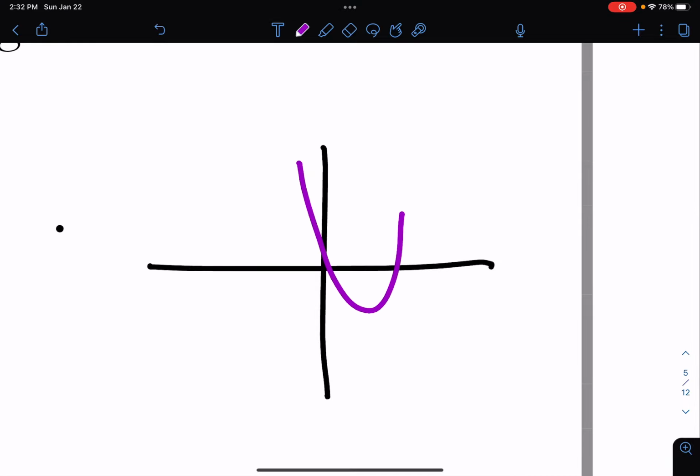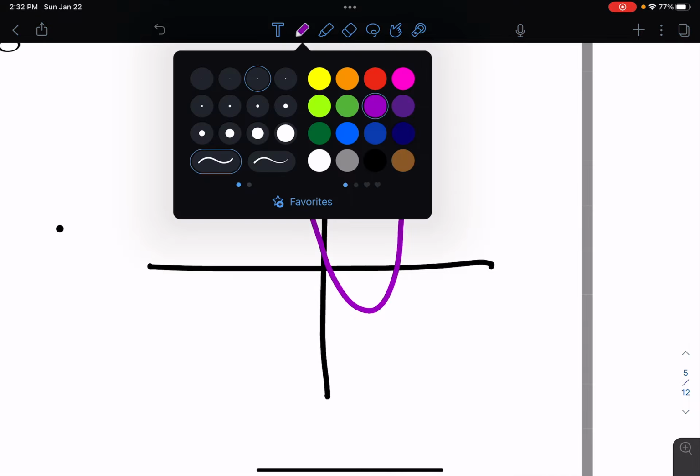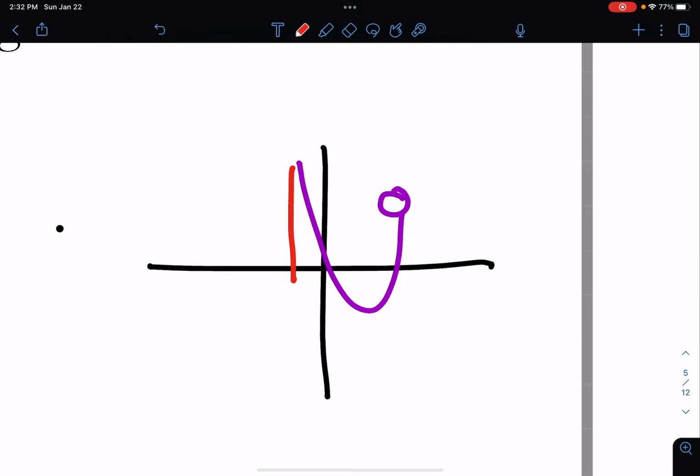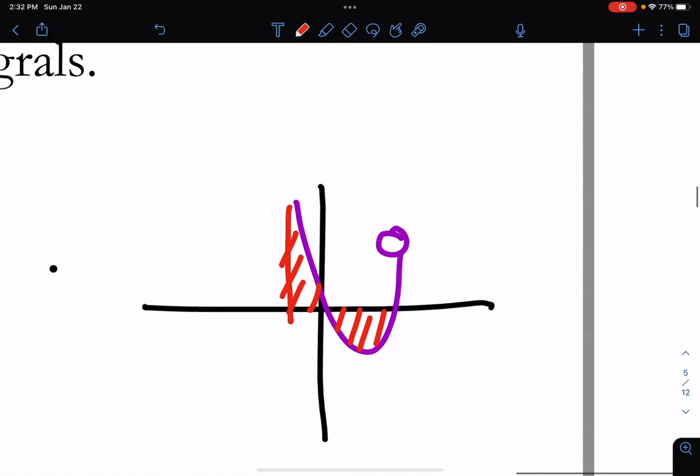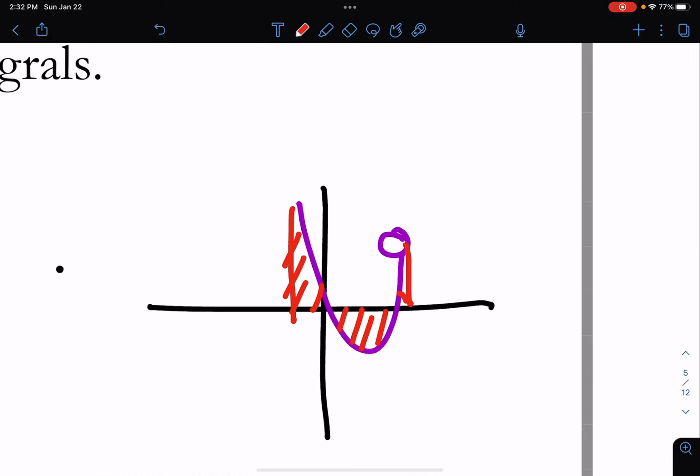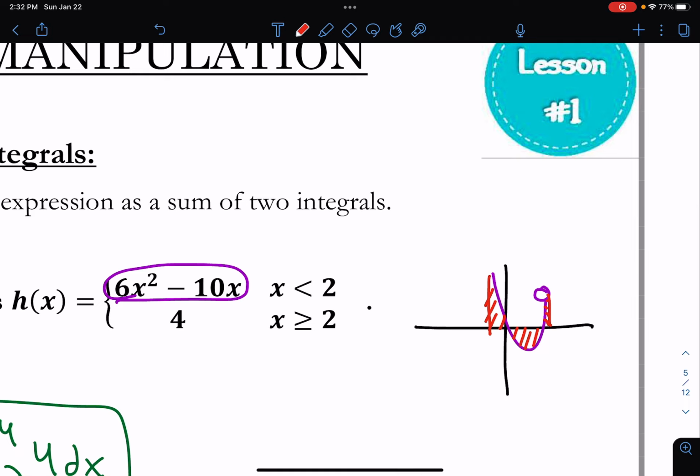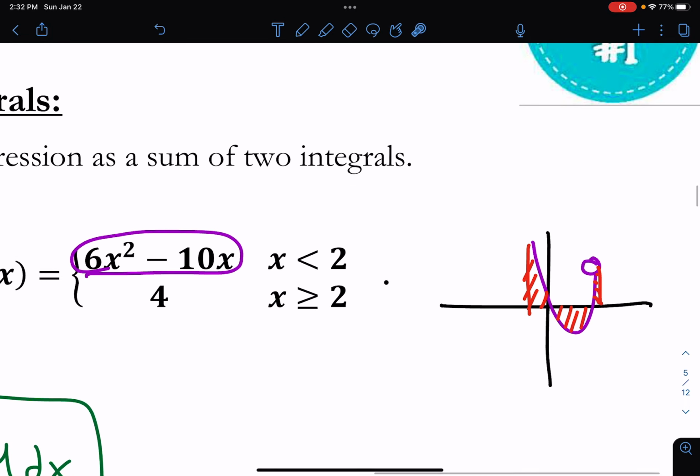And so, even if that was an open circle, it doesn't change the way we do the integral, because the integral is just the area under the curve. So it's like that area plus that area. And even though there's a hole here, I can still calculate that area up till that y-coordinate where the hole on the graph is. So it doesn't really matter whether or not we're continuous, plugging that number in.